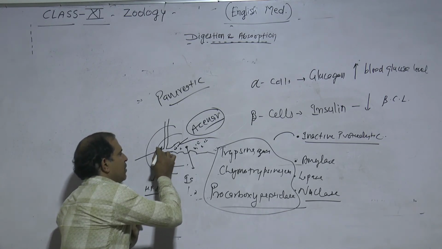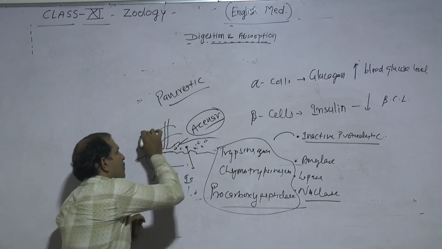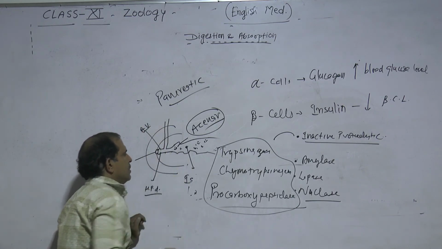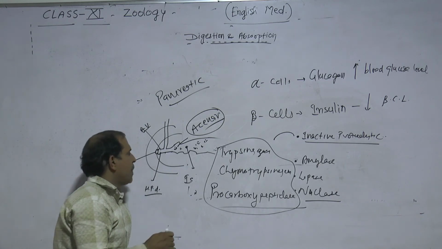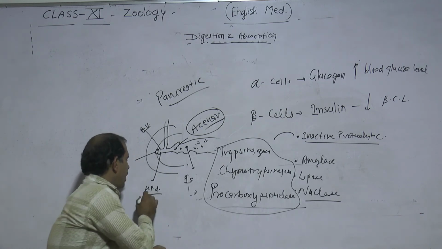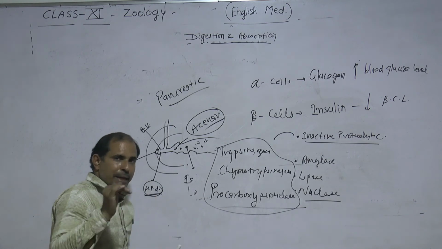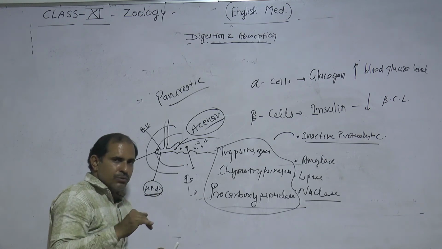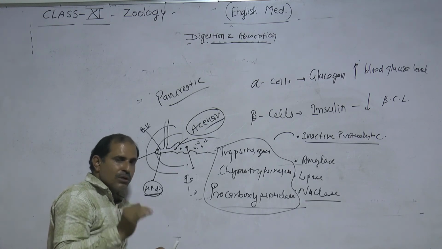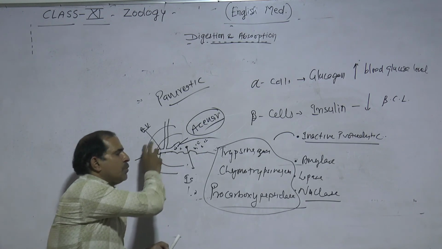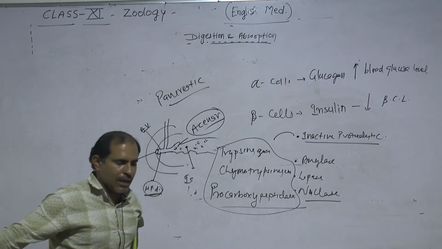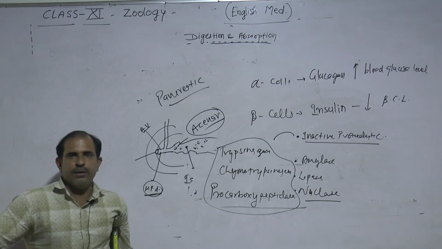Before the sphincter of Oddi, an ampulla is present, called ampulla of Vater. It means through hepatopancreatic duct, bile juice and pancreatic juice both are poured into duodenum.